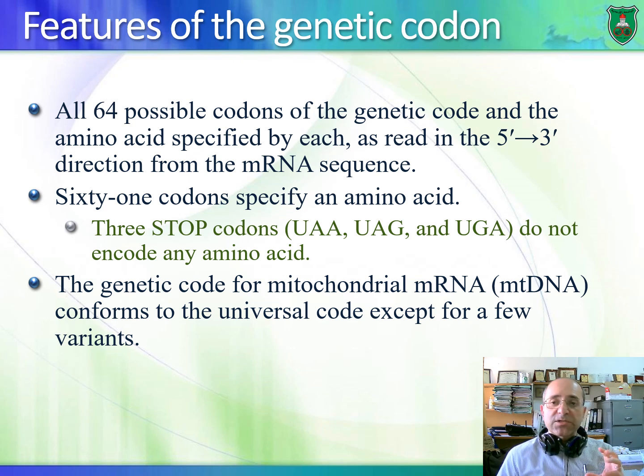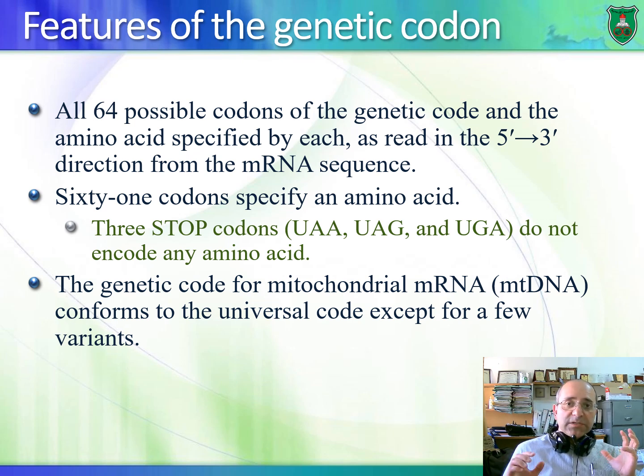Now, the messenger RNA is read from the 5' end to the 3' end, and proteins are synthesized from the amino terminus to the carboxy terminus. Okay, so we'll get to that as well.